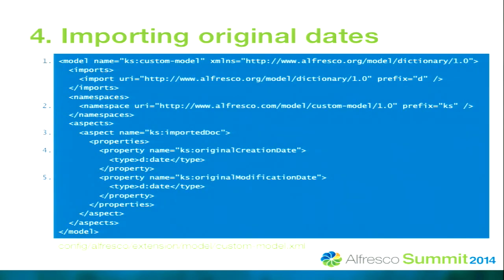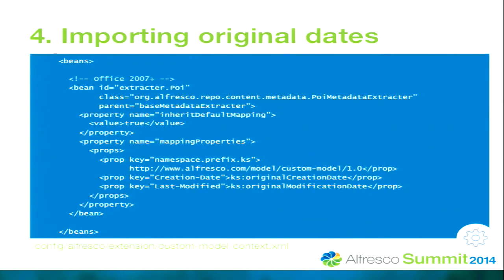So we are going to a custom model. This is a very simple custom model with an aspect and 2 properties: original creation date and original modification date. Very easy. And we can then map these properties to the POI structure.